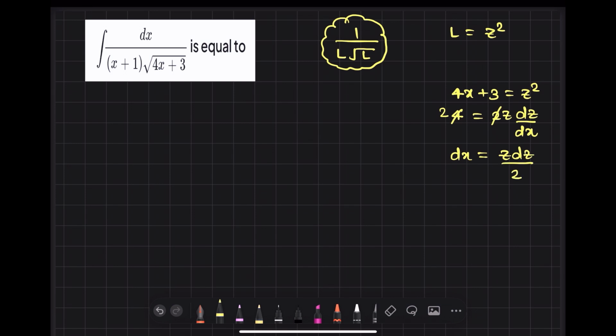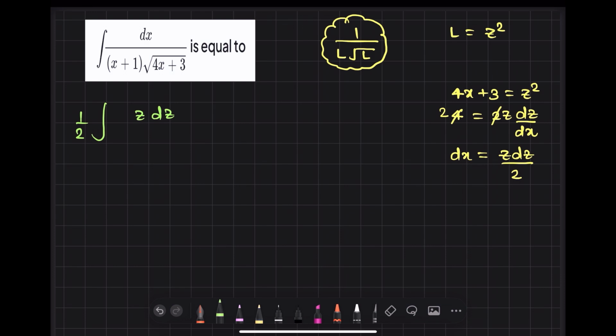Comfortable? Now just do the simplification. Now we will simplify the given question. Now look at this. Can I replace dx with z times dz by 2?